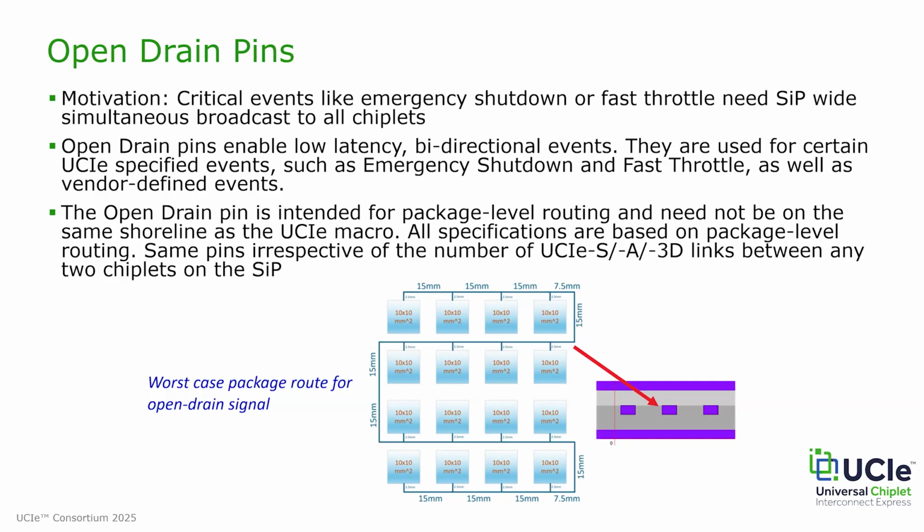It doesn't matter whether you deploy 100 UCIe-S links or UCIe-A links or 3D links, or you deploy 5 of them, you still have the same two bumps, okay? And these pins are intended for package level routing, and they provide a reliable and efficient means of communication across the SIP. You will see in the picture here, there are 16 chiplets, and they are all connected, and then eventually they will possibly be connected at a platform level.